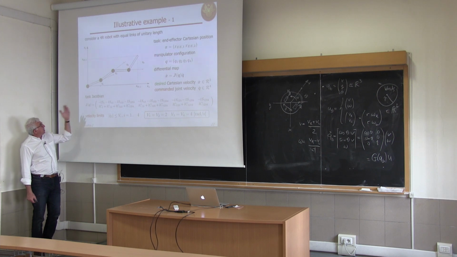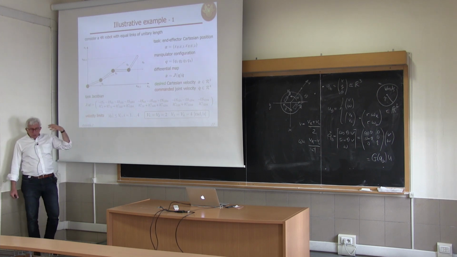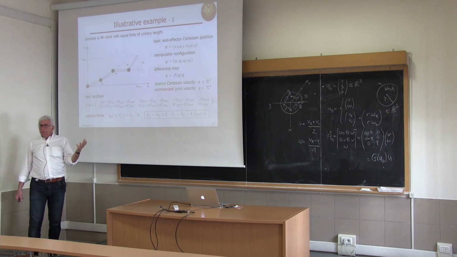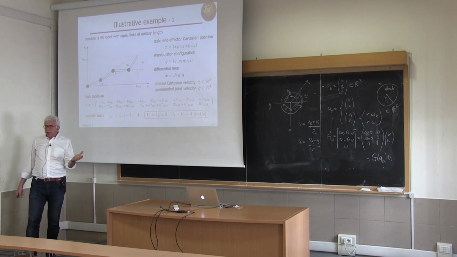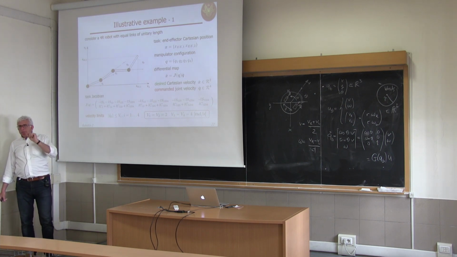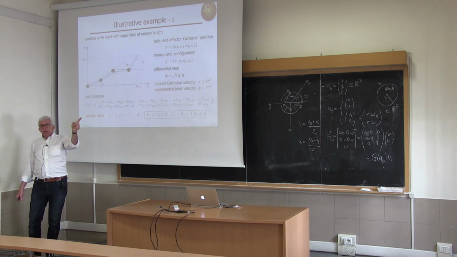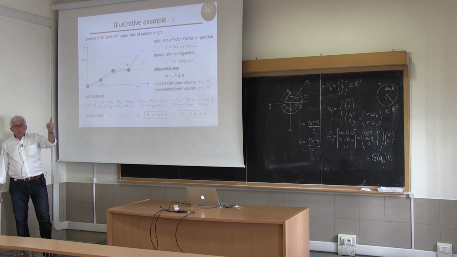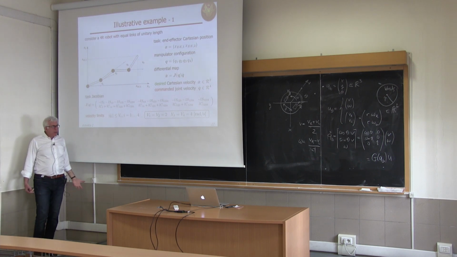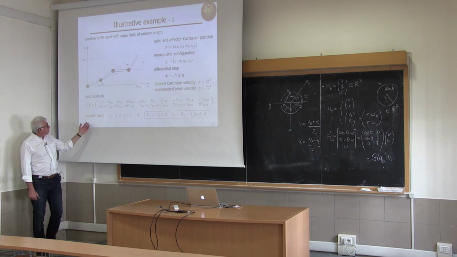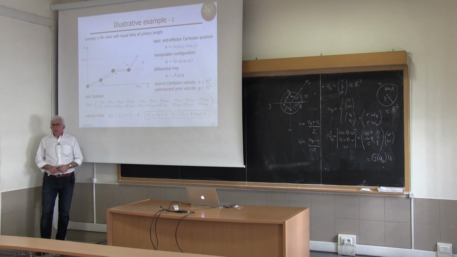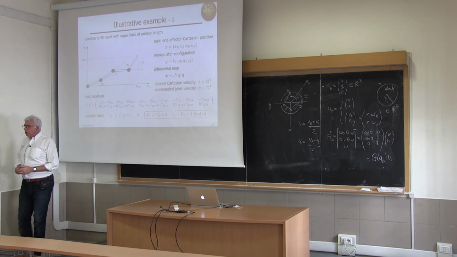And this is a local method, so I will show you what happens if we are in some configuration and the end effector velocity needs to be in some direction with some intensity, and how we solve that problem. Before doing this, we have to introduce bounds on the joint variable.